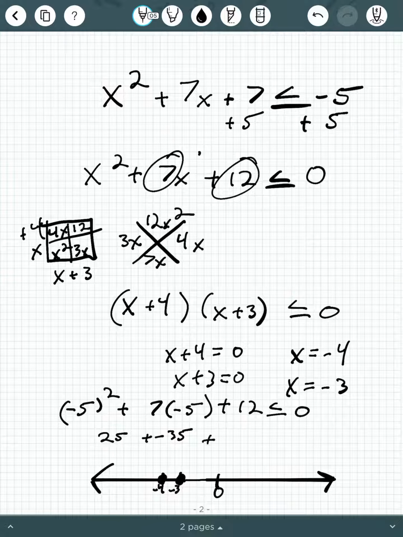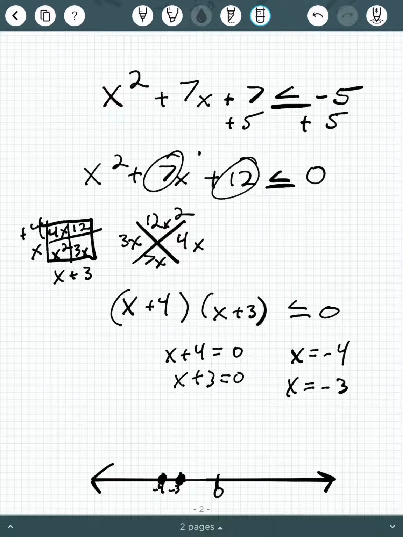Well, that means 25 plus -35 plus 12 is less than or equal to 0. When we add that together, we'll see that we get a positive value because we're looking at 37 plus -35, so 2 is less than or equal to 0. That's not true. So we aren't going to shade to the left.